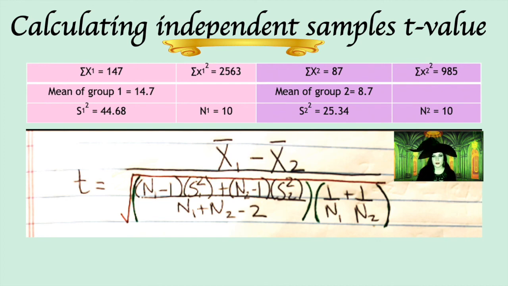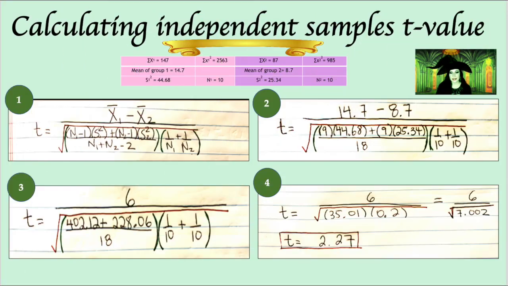Once I plug in the numbers in place of the symbols, I get 14.7 minus 8.7 in the numerator, and all of that exciting stuff in the denominator. So if I simplify this further, 9 times 44.68 will give me 402.12, and I'm going to add that to 9 times 25.34, which is going to give me 228.06.